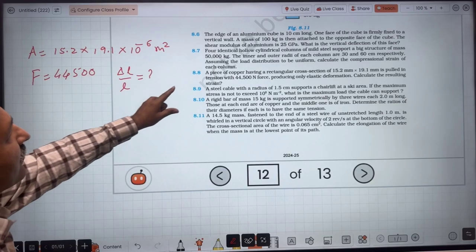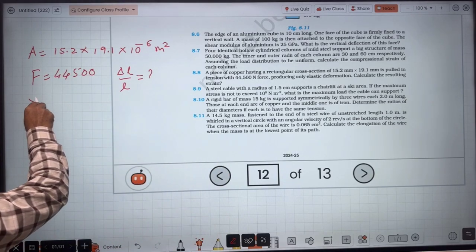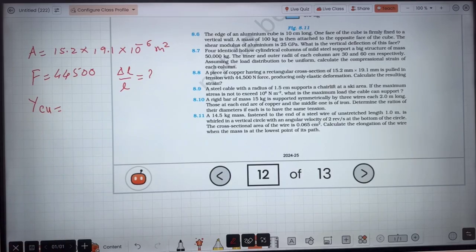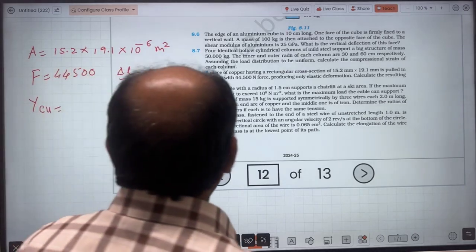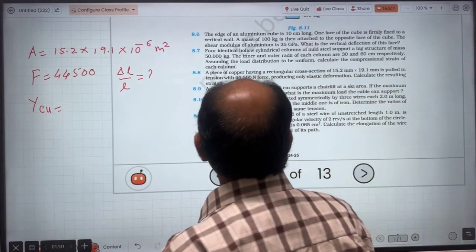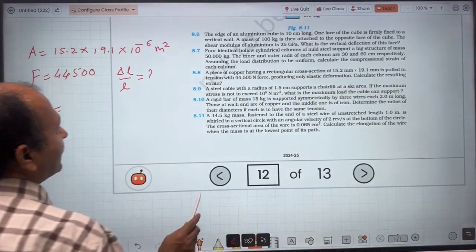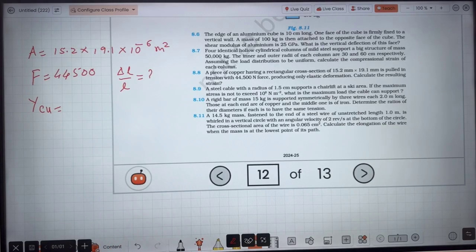But in order to get this, we need Young modulus of copper, Y Cu. Its value can be seen from the table. Let's see what it is. You have to search it in the table. I don't have the value right now, so give me 1 minute.